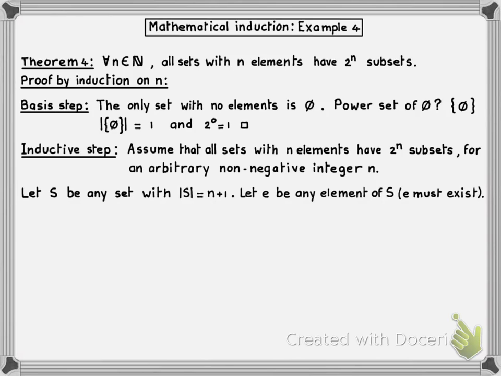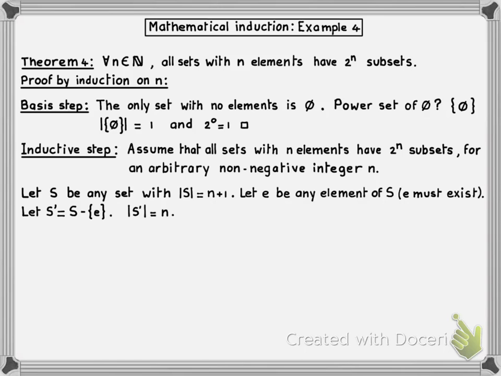Well, E must exist because n is at least 0, therefore the cardinality of S is at least 1, and since S contains at least one element, we are completely entitled to pick an arbitrary one of them, and let's call it E. So now we have a set with n plus 1 elements, one of which is E, and we're going to build a new set called S prime, which is simply what you get by removing E from S. Since S has cardinality n plus 1, S prime has cardinality n. It has one less element than S, and that element is E. We just removed it from S.